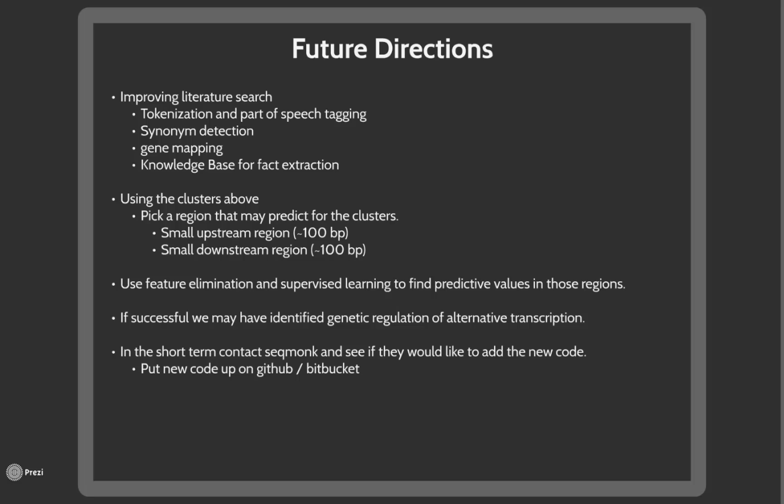That would involve feature elimination and supervised learning. If we were successful in doing that, we might be able to identify genetic regulation of alternative transcription. And we know that there are some motifs in genes that provide for alternative splicing or alternative transcription, so we could expect to have some success in this approach.